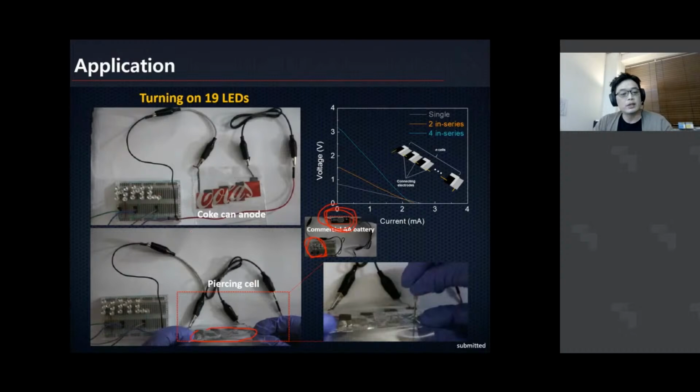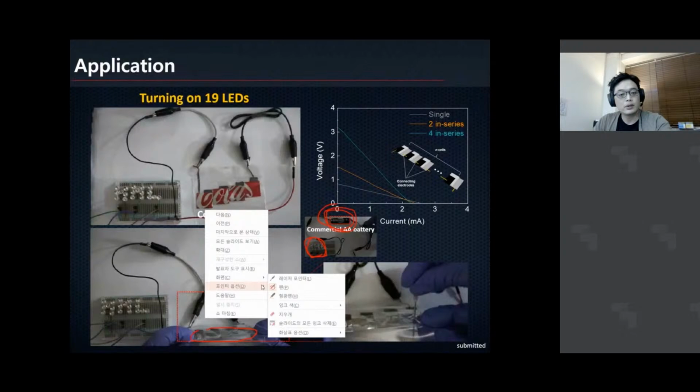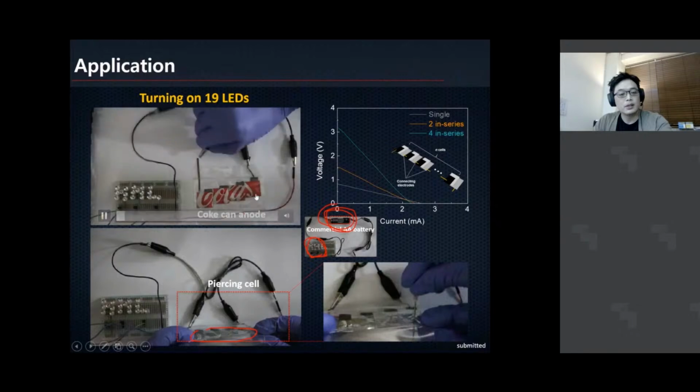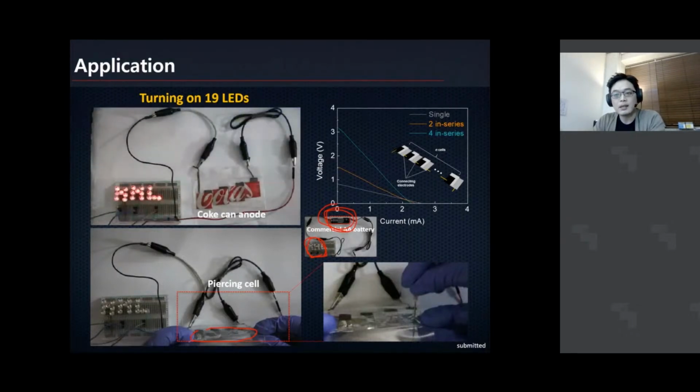So here's one example again. Let me play that again. Okay. So here are 4 pieces of Coke can. That can light up the light bulb pretty brightly.